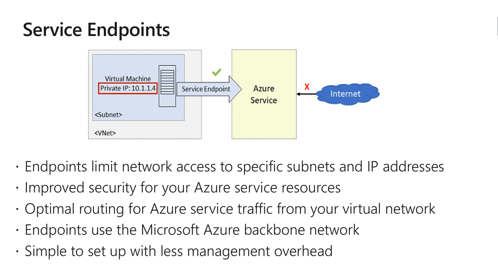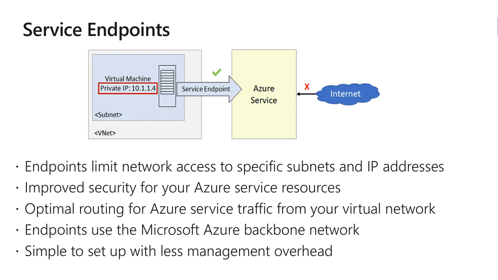Once the service endpoints are enabled, you can secure an Azure service resource to your virtual network by adding a virtual network rule to the resource. This provides improved security by fully removing public internet access to the resource and allowing traffic only from your virtual network.